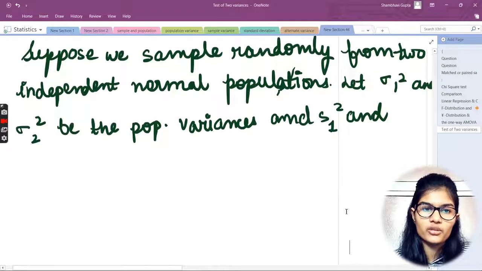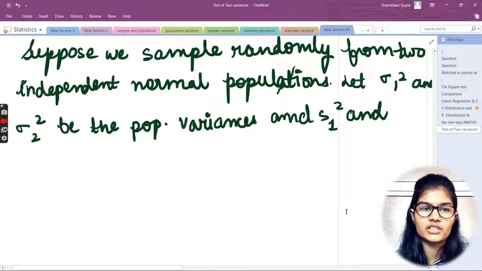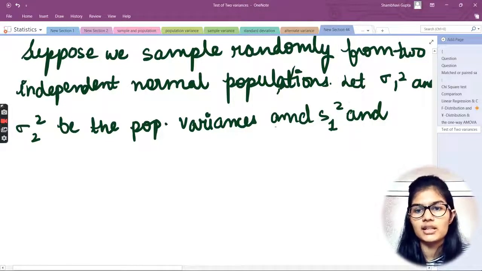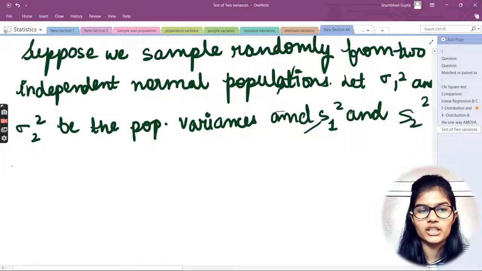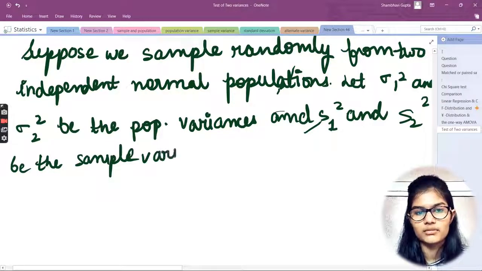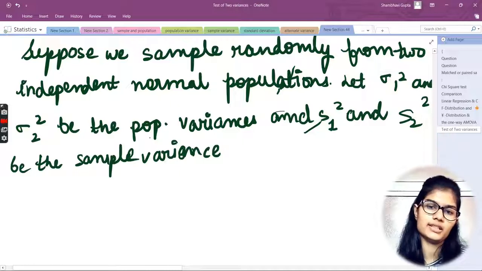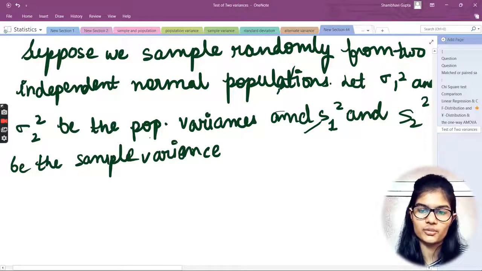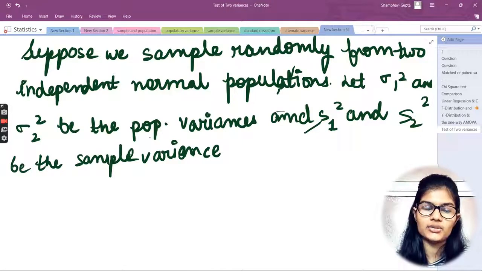So suppose we sample randomly from two independent normal populations. Let sigma 1 square and sigma 2 square be the population variances, and s1 square and s2 square be the sample variances, right?